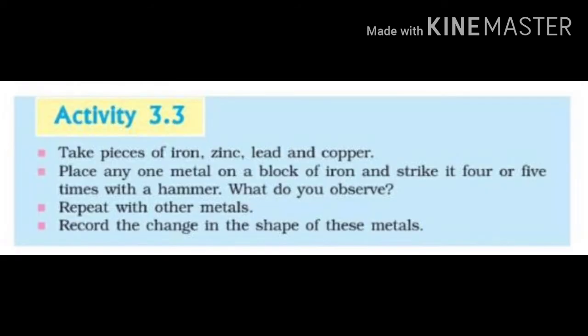Activity 3.3. Take pieces of iron, zinc, lead and copper. Place any one metal on a block of iron and strike it 4 or 5 times with a hammer. What do you observe? Repeat with other metals. Record the change in the shape of these metals.